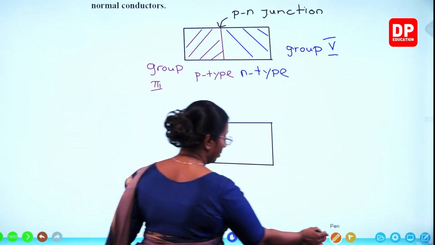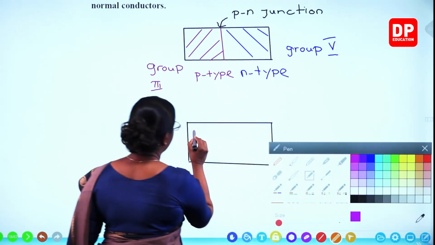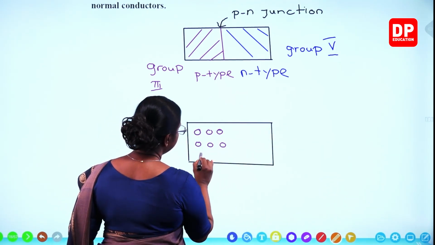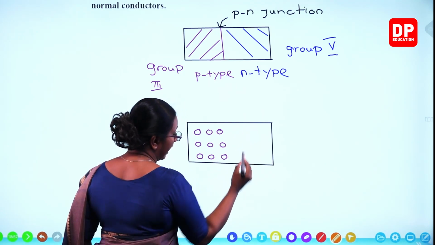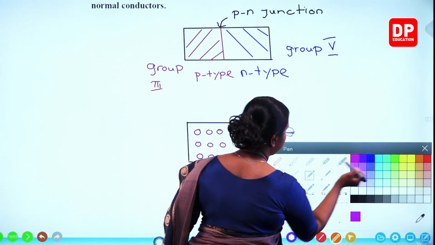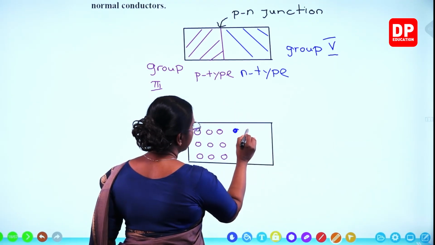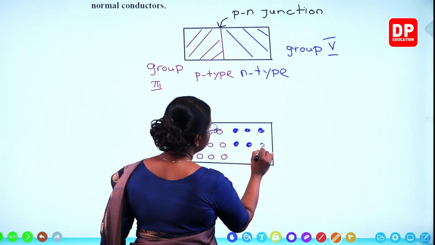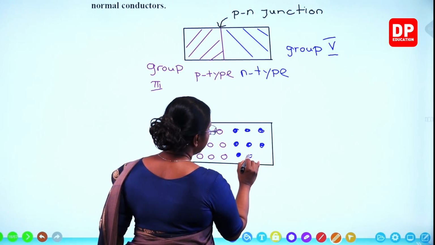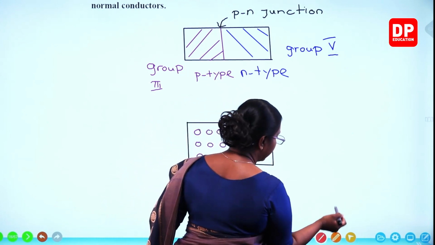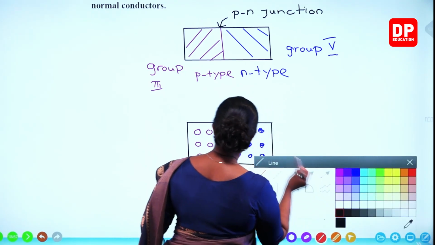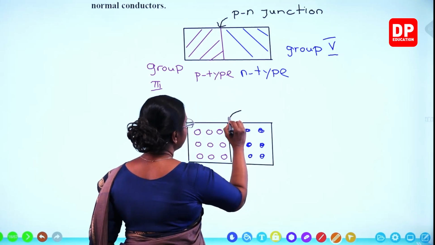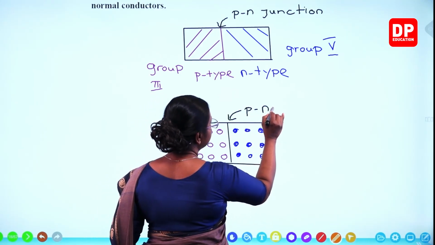Those are the holes. So here we have holes. And in the N-type, what is the majority charge carrier? Those are the electrons. Now here, in this situation, we have this PN junction.